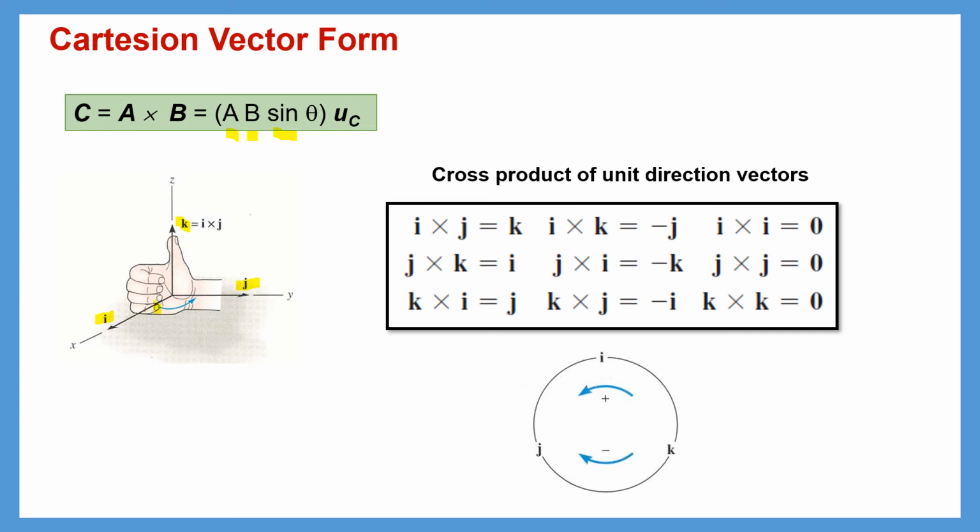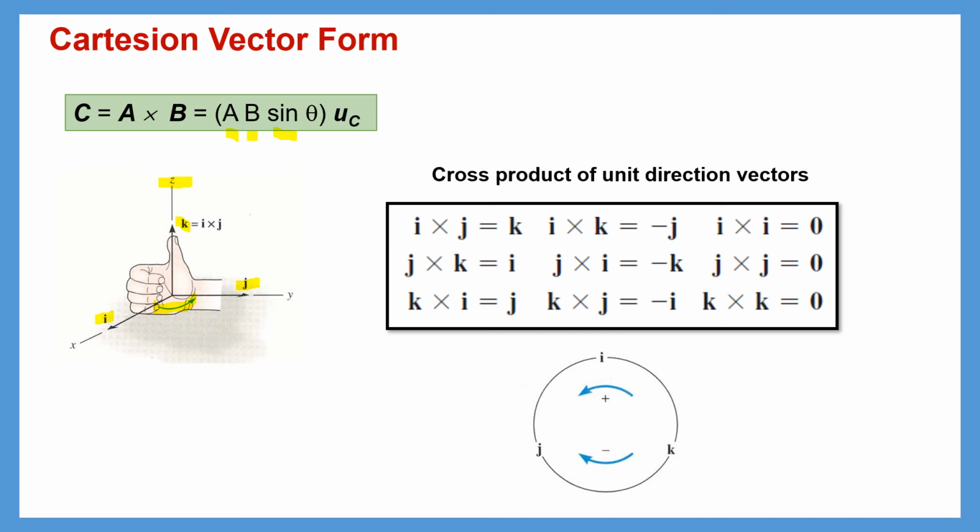These are perpendicular, so the angle will be 90. So sine 90 is equal to 1. And the unit direction vector will be in z direction. So it will be k.